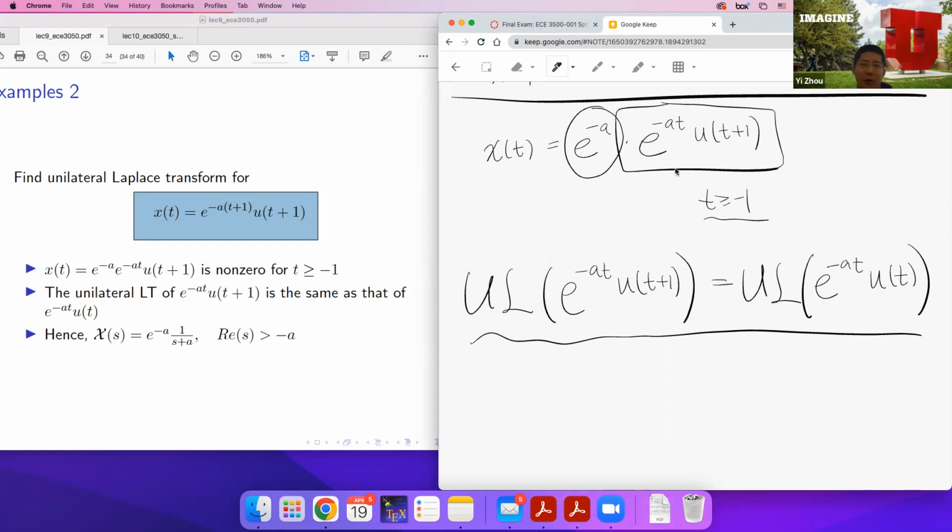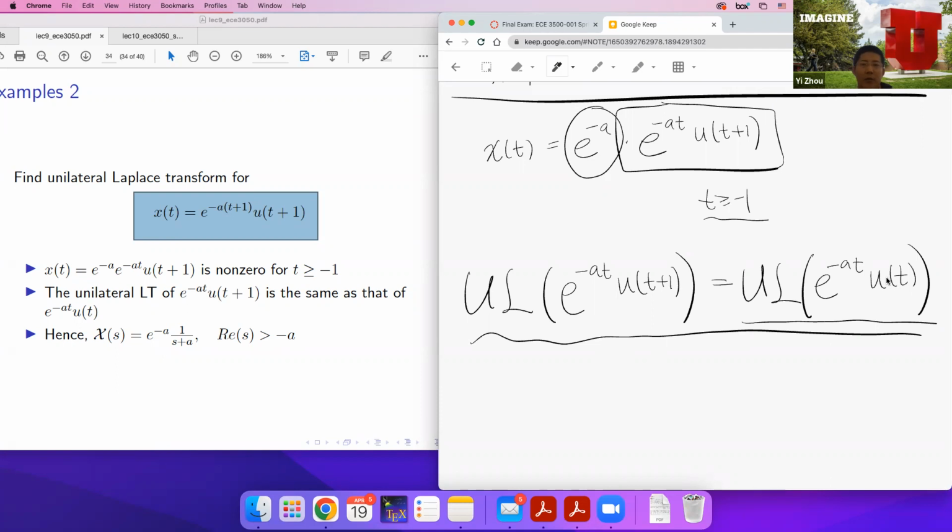Now consider this part. This is the real signal part. This part depends on t, the time index t. Now for such a signal, its unilateral transform can be actually reduced to u(t+1).